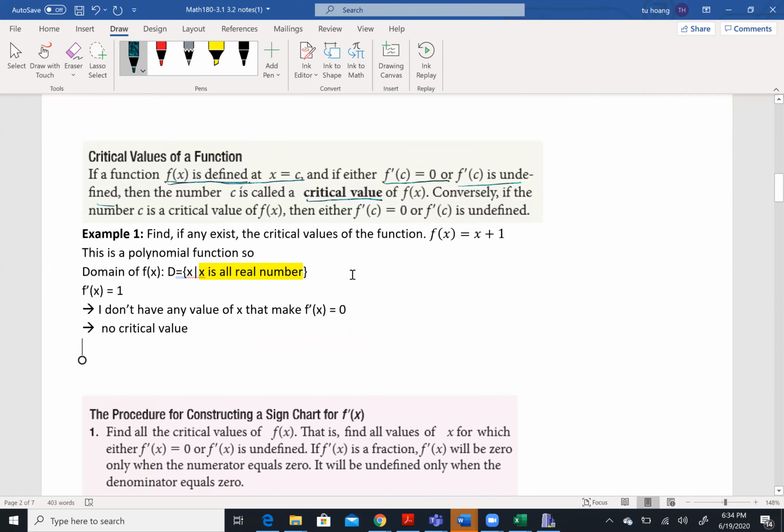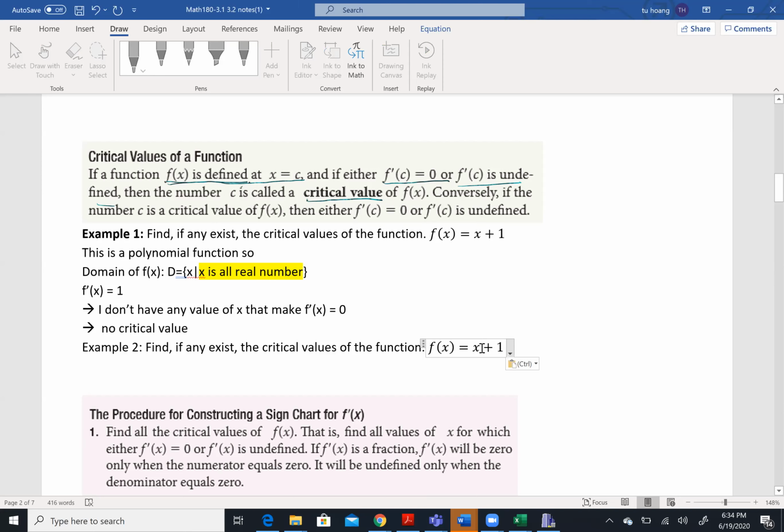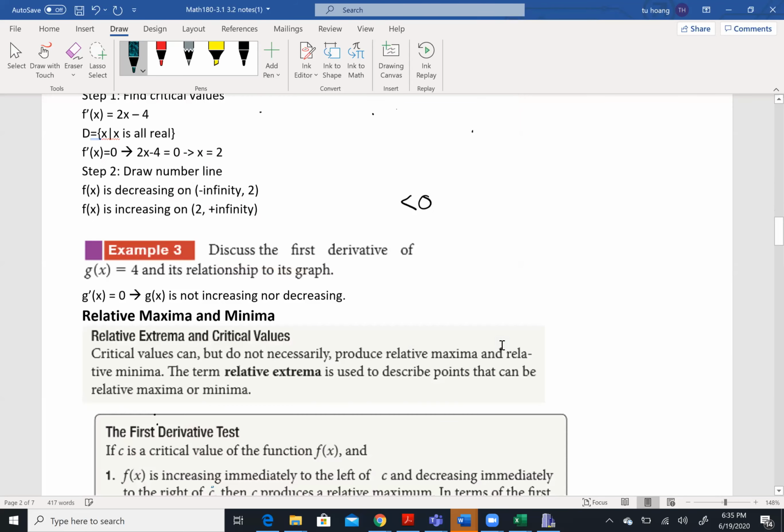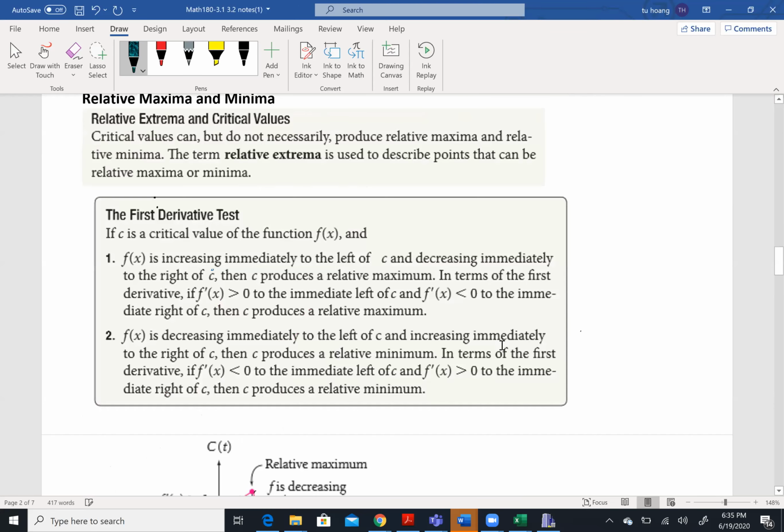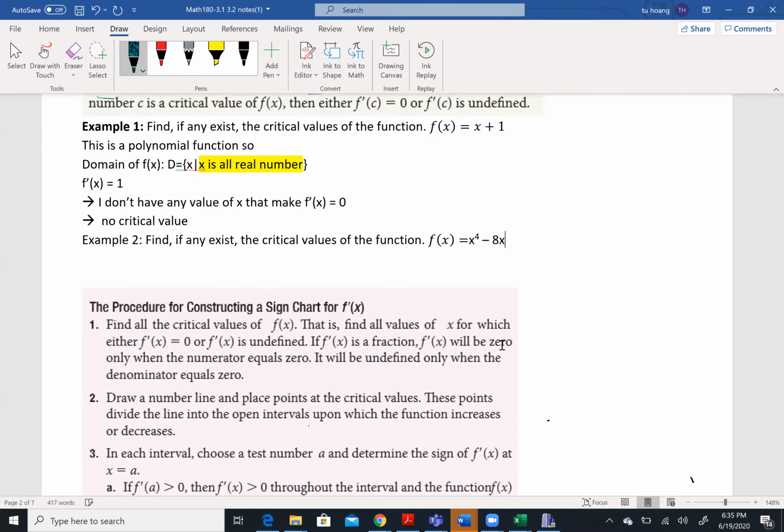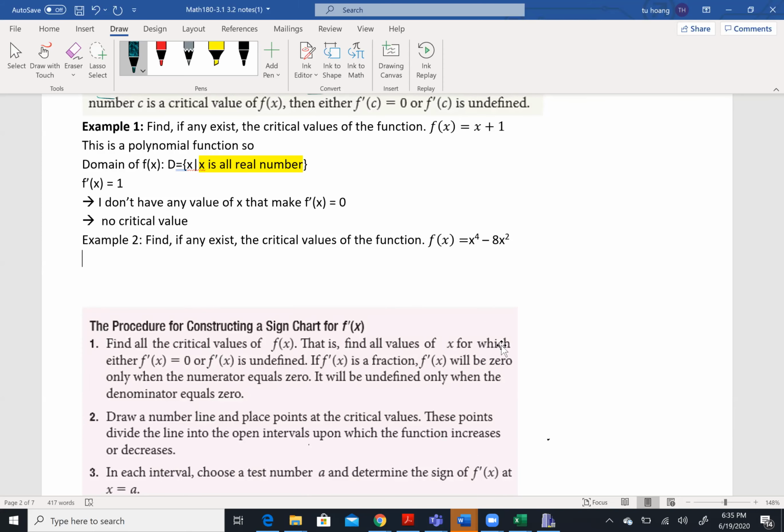Let's do this problem, example 2: f(x) equals x^4 minus 8x squared. Okay, so again, this is a polynomial.